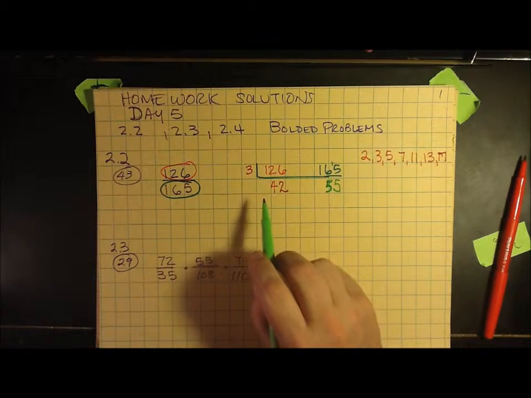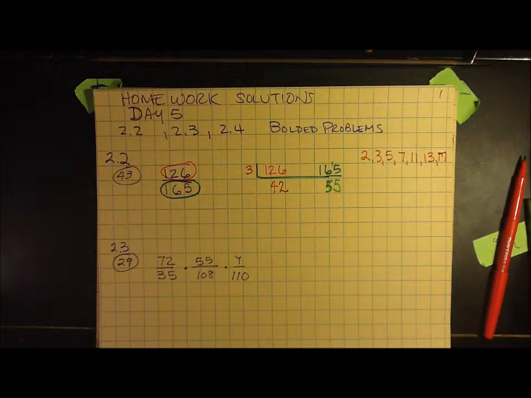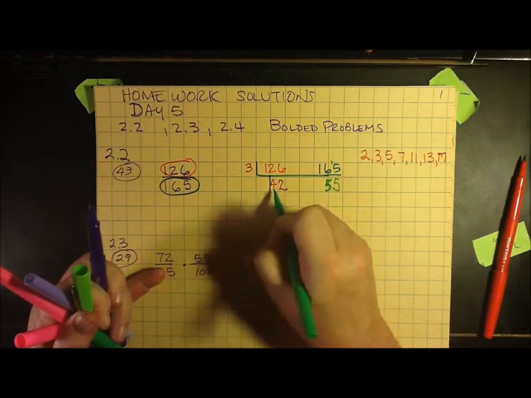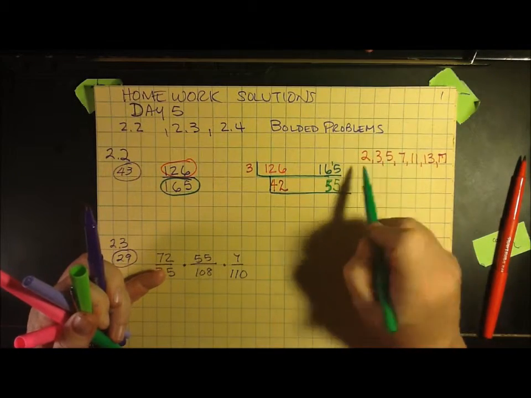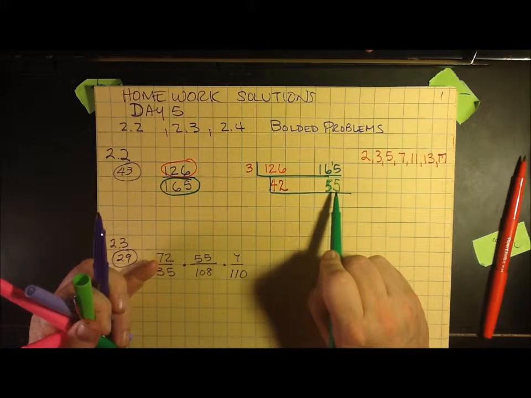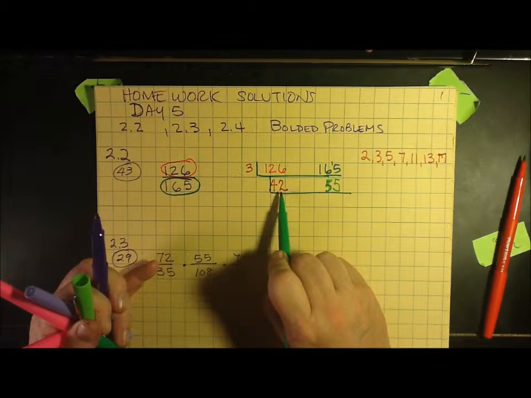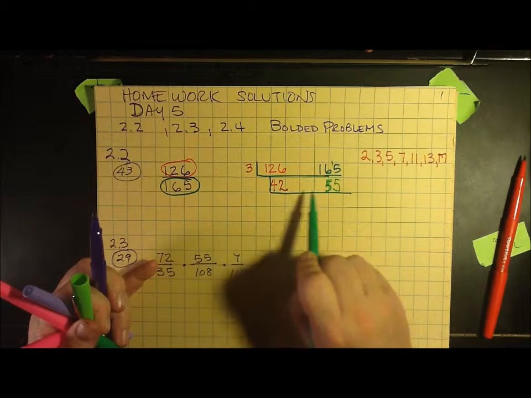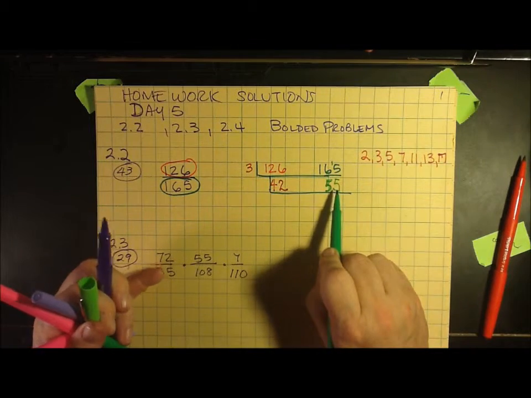I'm going to see if I can get anything else out of this. I can take 2 out of this, but I can't take 2 out of that. I might be able to get 3 out of this, and I might be able to get 3 out of that.